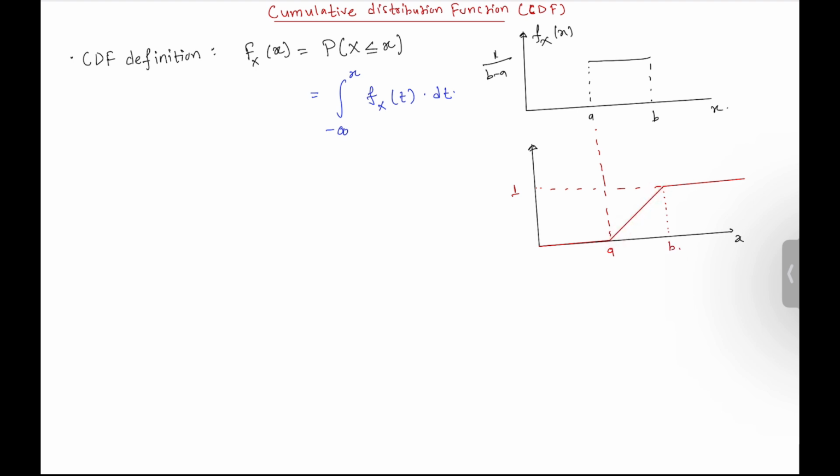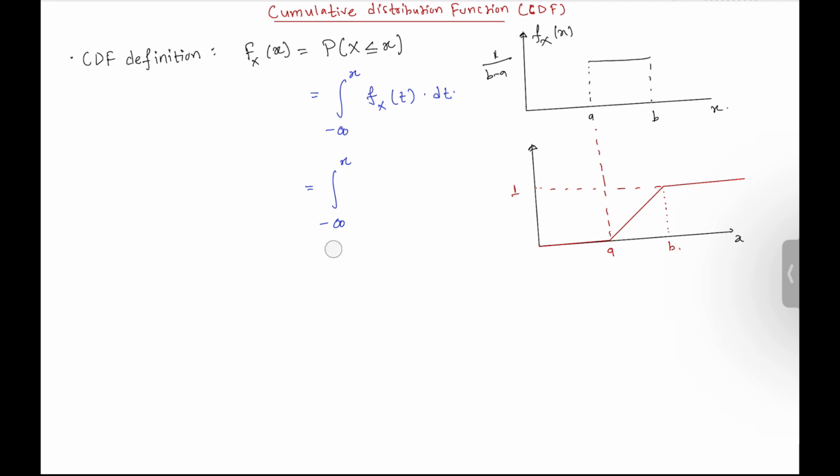So you can easily check it mathematically. What we are doing, we are integrating from minus infinity to any point till x. So this x could be anywhere, right? And we have this PDF, and it will be from a to b.